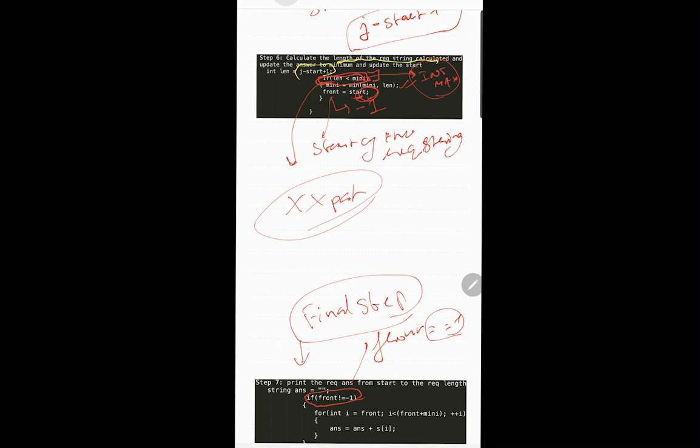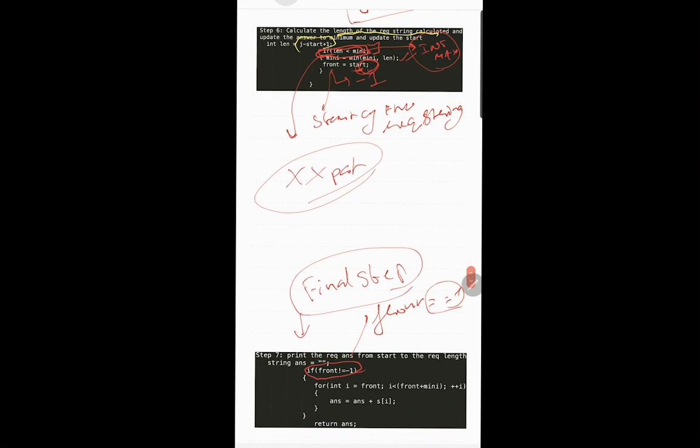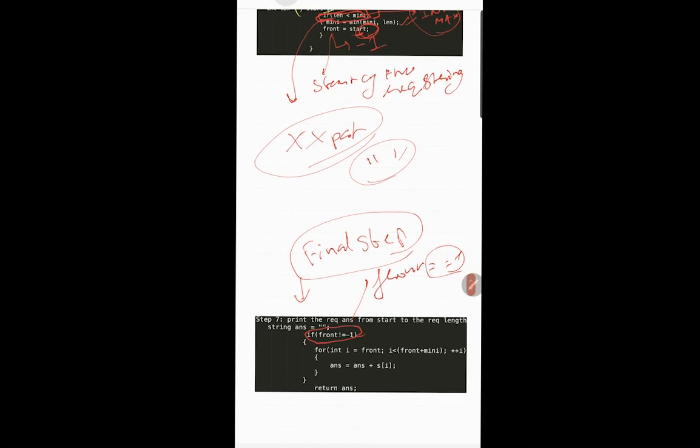That means the pattern does not exist. So I will return an empty string. Otherwise, what I'll do is I'll start from my front, that is the beginning of the required string, and run it till the length I need.